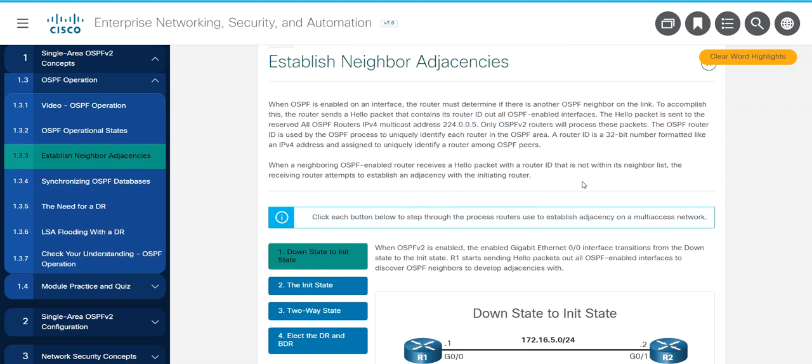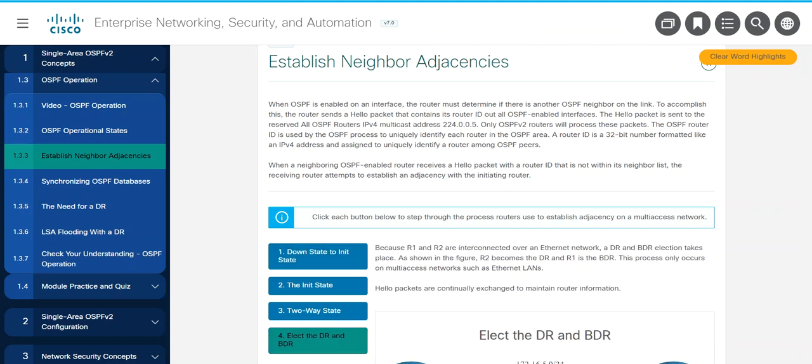Now, in order to establish neighbor adjacencies, those hello packets are going to be sent. When OSPF has been enabled on a router, the router tries to determine if there's another OSPF neighbor that's on the same link.